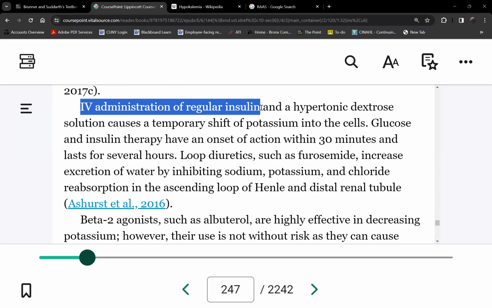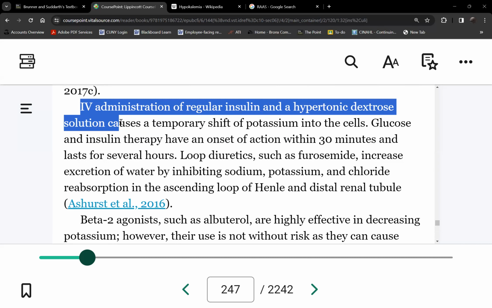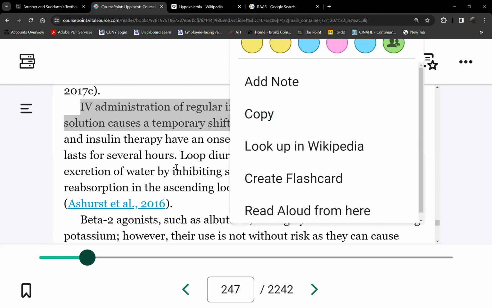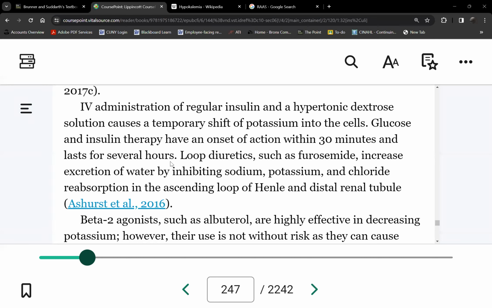So it has to be given with a dextrose solution. Are we clear? So never one. It's always given together. On the MAR it would be 2 separate orders, but you give them together. Are we clear? Just so you don't end up killing somebody, you give both.